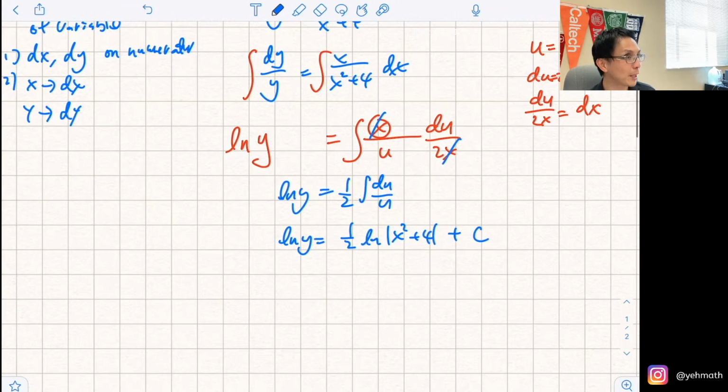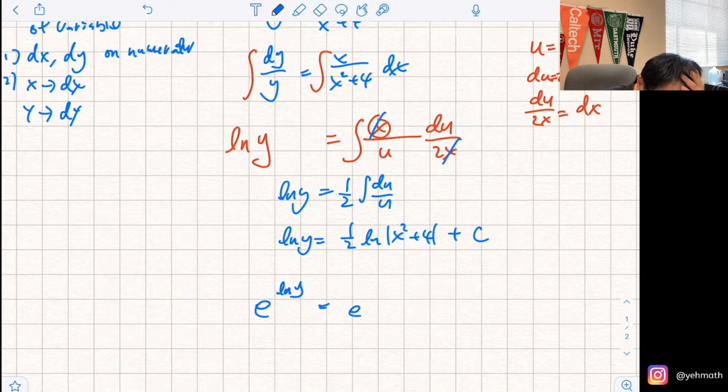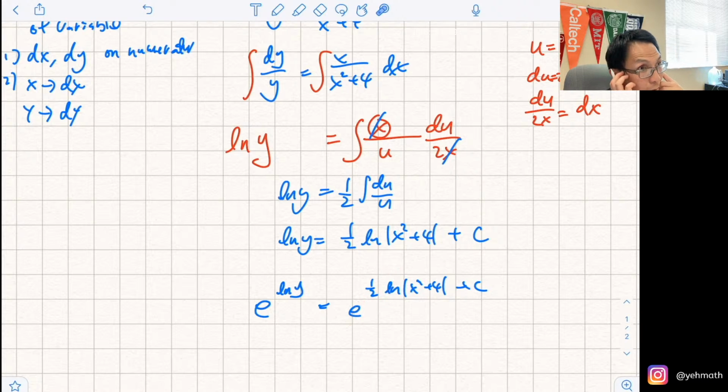Now, how do we get rid of ln? Raise e to the power of both sides, right? And that's e to the 1/2 ln of x squared plus 4 plus c. Now, here's my question. Can this e and ln cancel out? No. Why not? There's a 1/2 in the front.